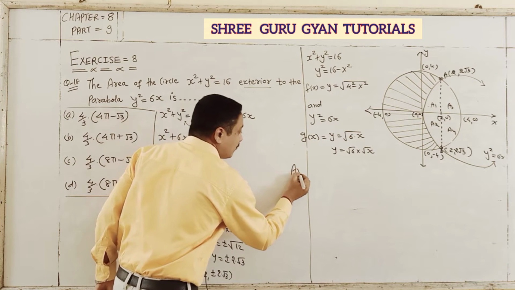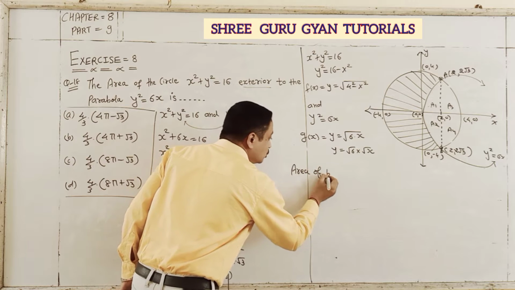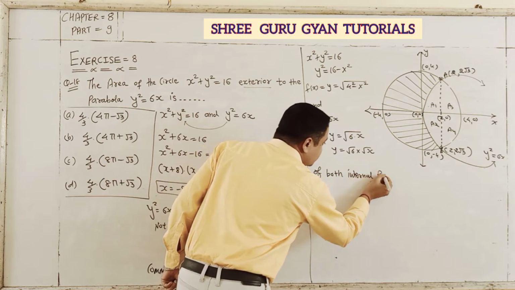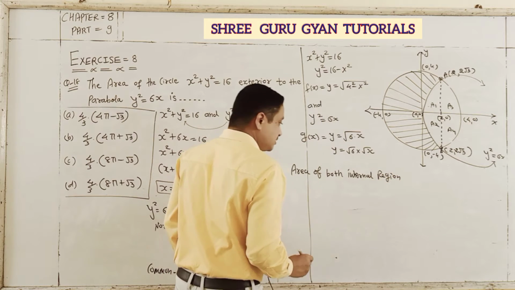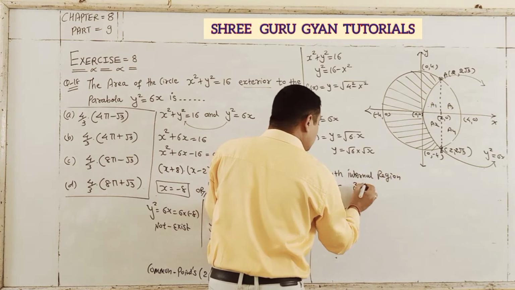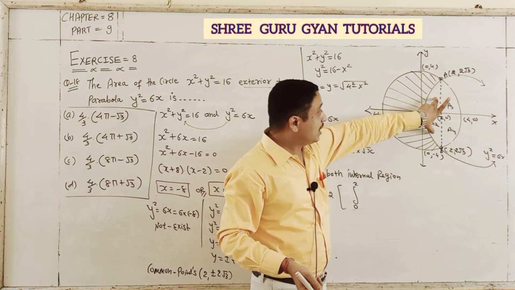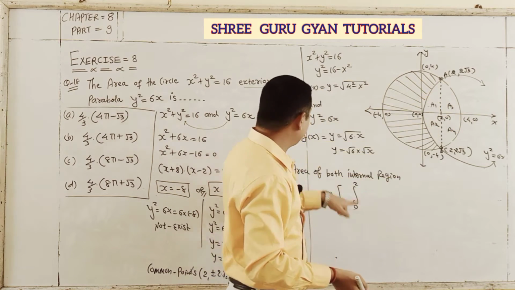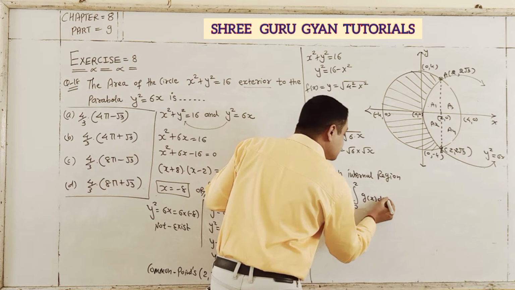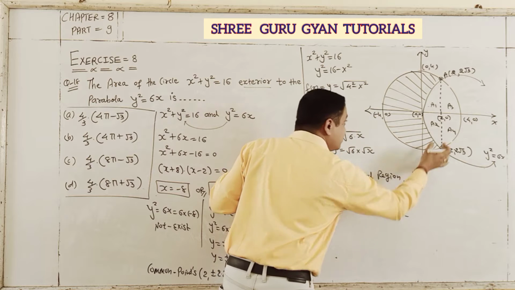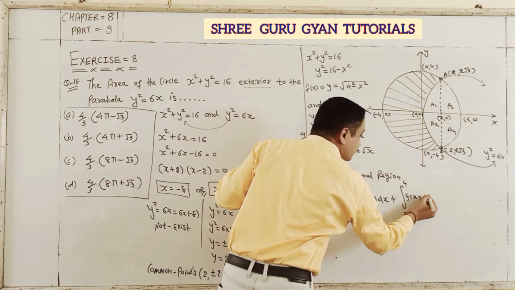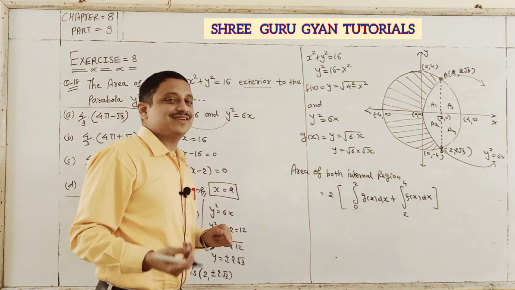So area of both internal region is 2 times integral 0 to 2, but this part is bounded by the parabola, and for the parabola I take g of x, plus integral 2 to 4, it means this region by this circle, it is f of x.